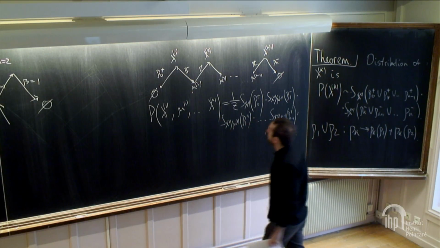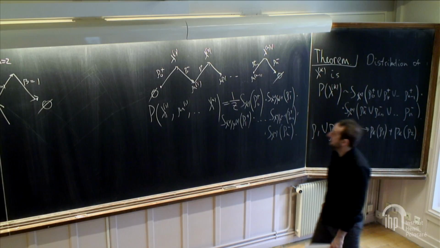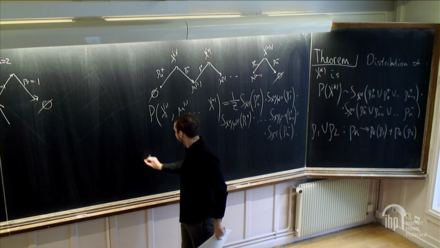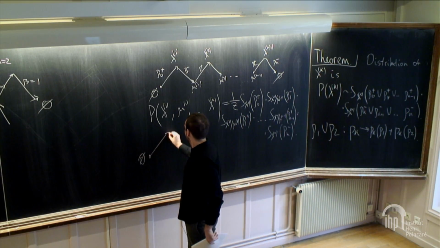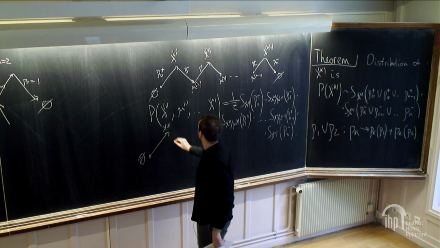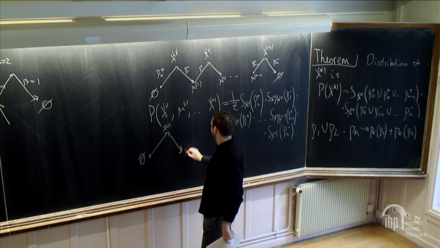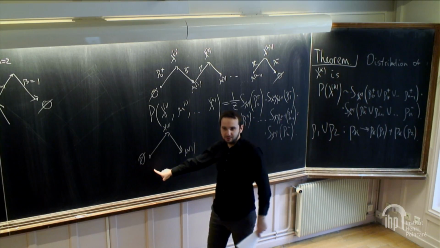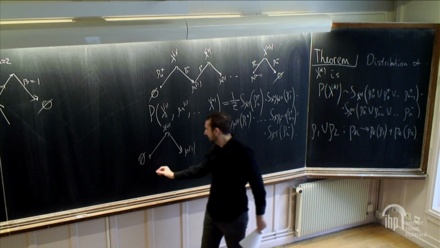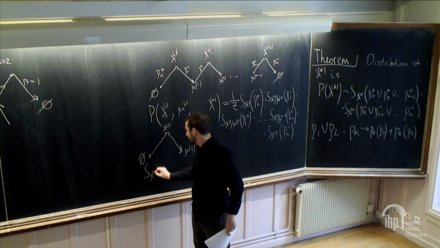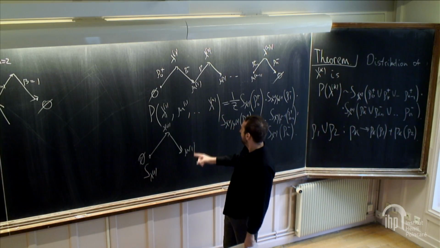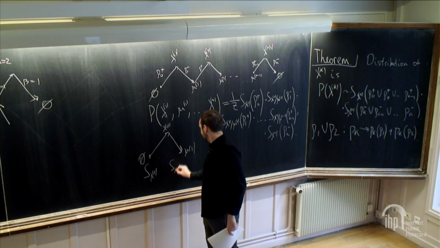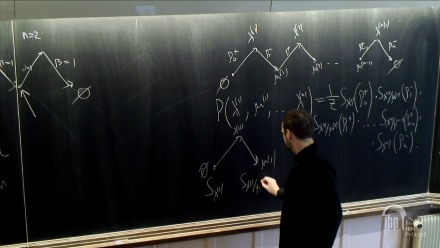Okay, so what are the factors that include lambda 1 in this thing? Well, you have this part of your picture, lambda 1 to mu1, which means that you have s lambda 1, and then you have s lambda 1 over mu1.